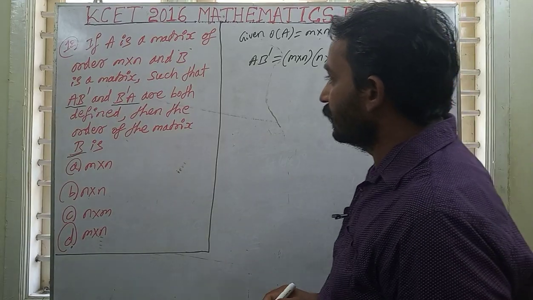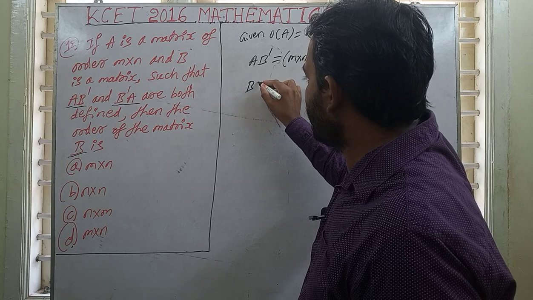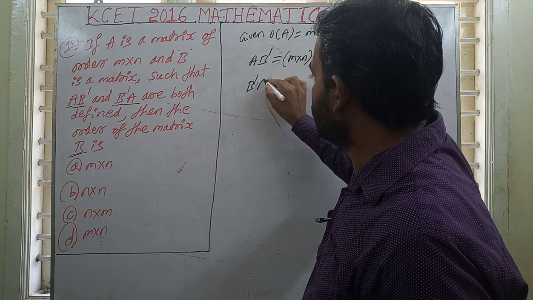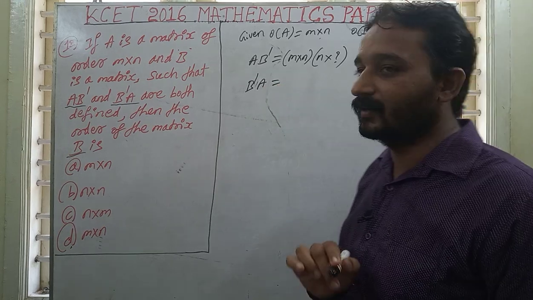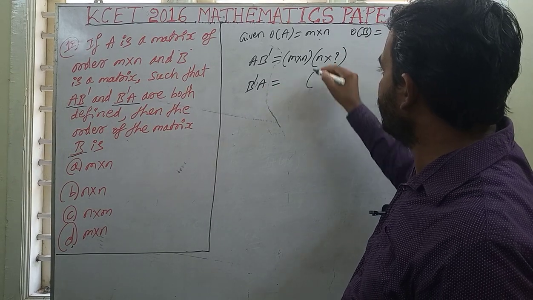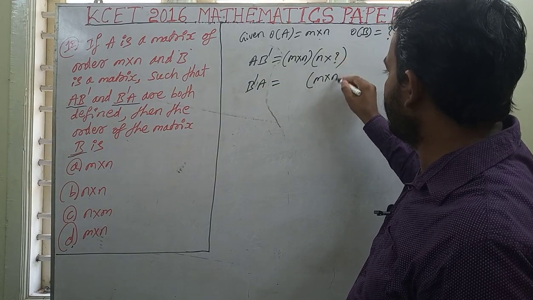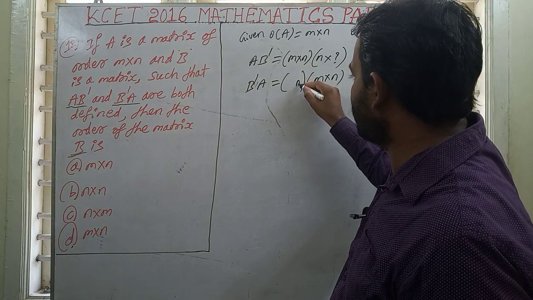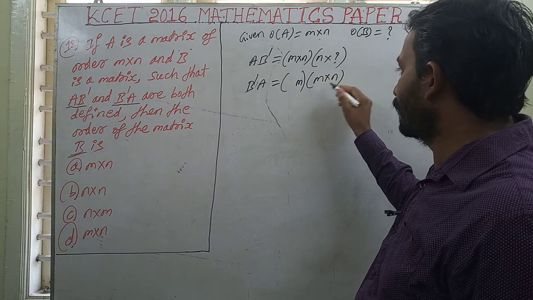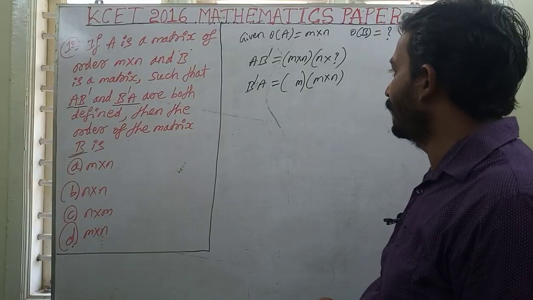So next, B dash A is defined. When B dash A is defined, the number of columns of B dash equals the number of rows of A. Already A is given as m cross n, so we can write m in this place, because the number of columns equals the number of rows as B dash A is defined.